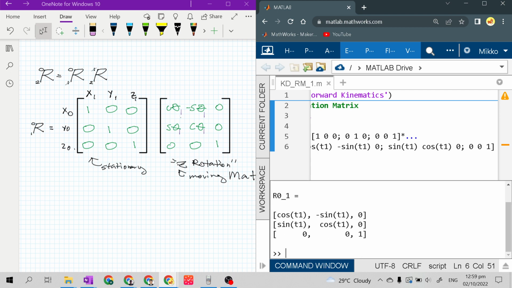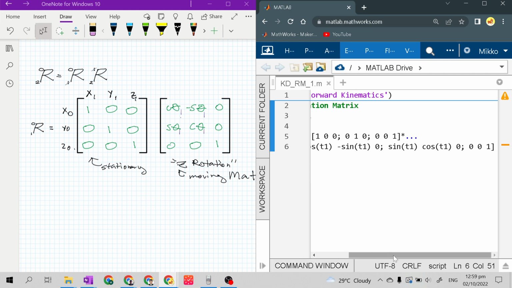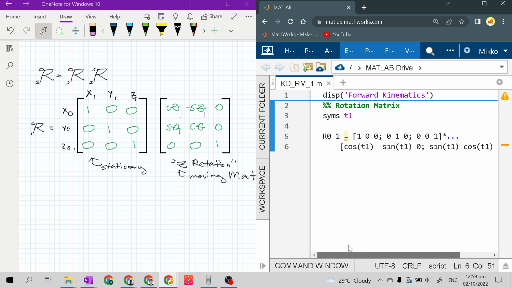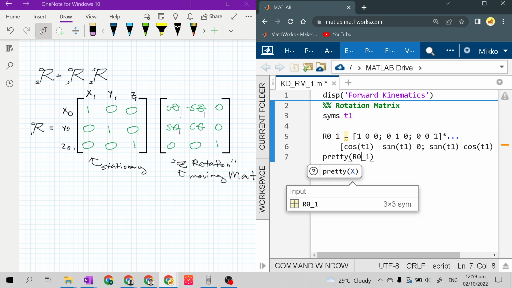Okay, we will have cosine T1, negative sine T1, 0, sine T1, cosine T1, 0, 0, 0, and 1. Okay, next. So this is for R01. So we can make this pretty. R01. Okay.